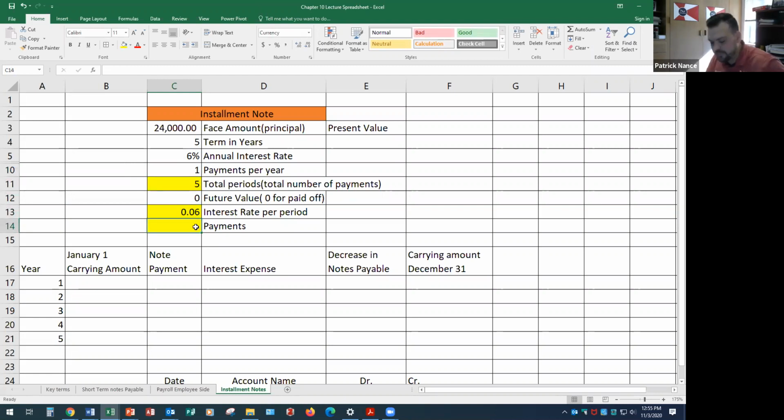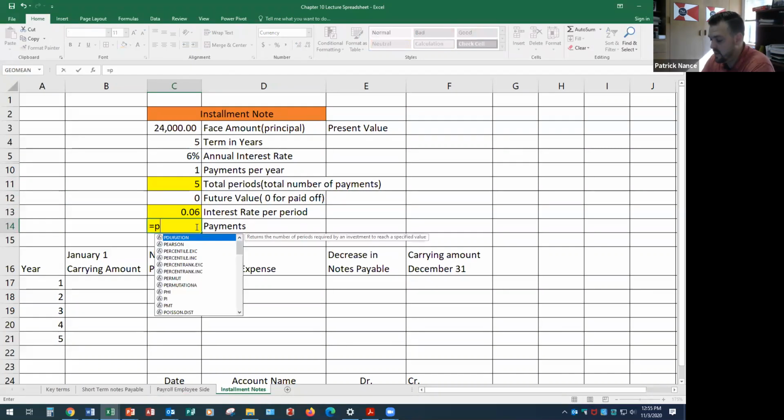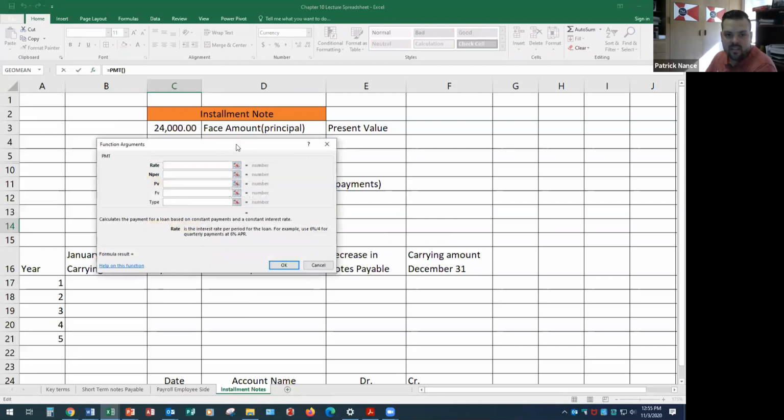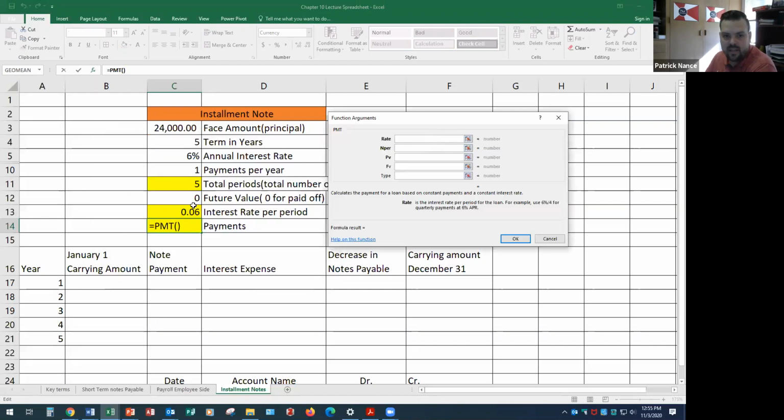So now I can figure out my payments. I could show you how to do this mathematically, and we'll figure that out later in this class. But for now, the function in Excel is equals PMT, open parenthesis, and click on the F of X button to make this a little easier. For rate, since I want to build this with flexibility, I take the interest rate per period. Nper stands for the number of periods or payments in a loan, so I take the total periods.